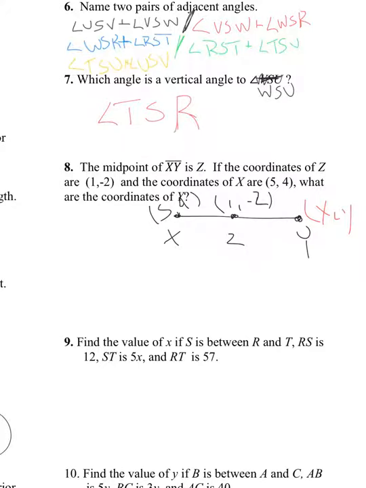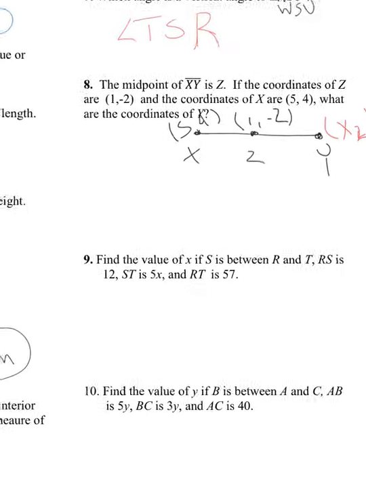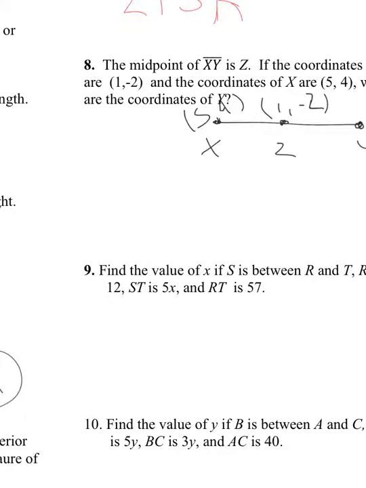Let me move that over a little bit. And so we're still going to use the midpoint formula, but what we're going to have to do with it is use it to solve for what we're missing here. Okay? So what you want to do is set it up as normal.